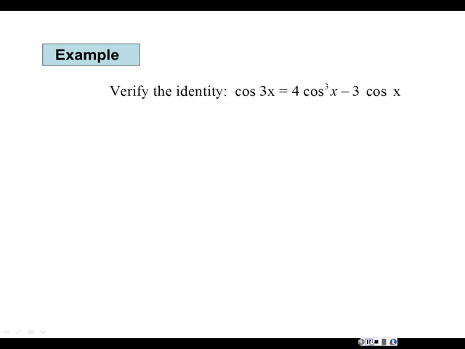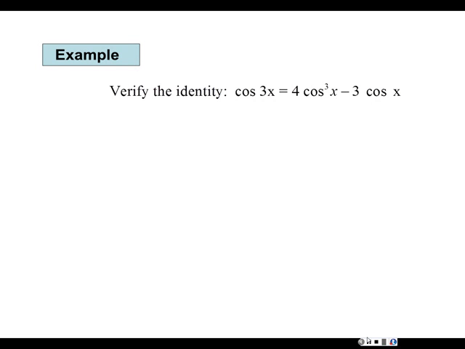Let's try it and see. So it's cosine 3x. We first write it as cosine x plus 2x.